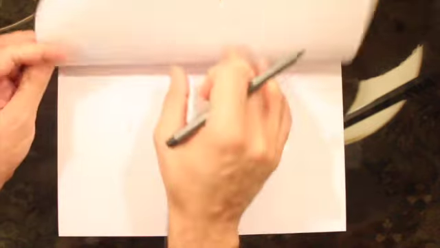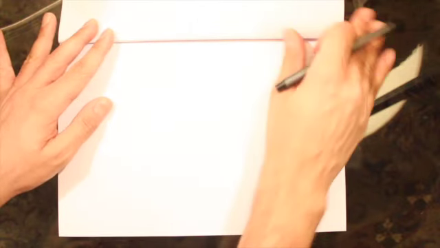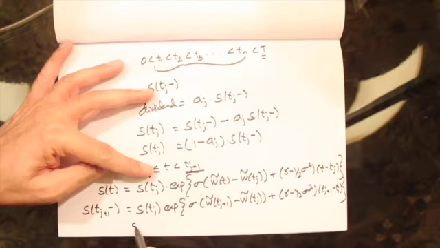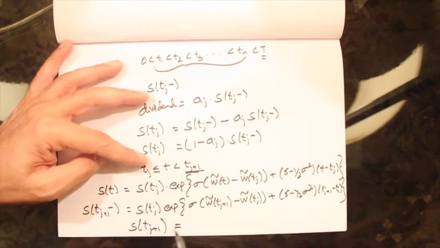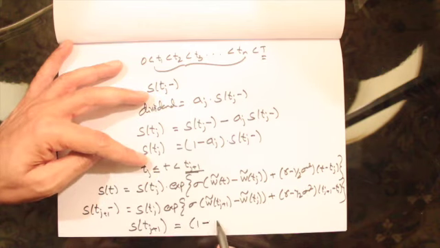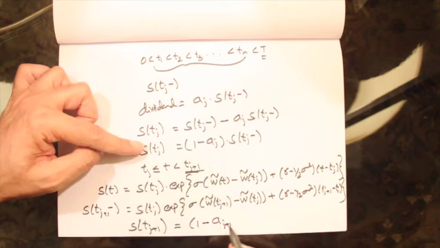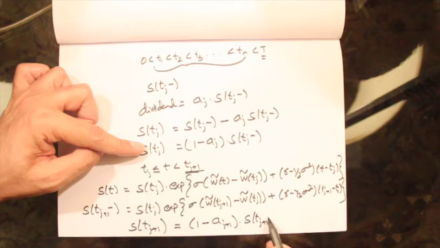Now, if this is S of Tj plus 1 minus, then we know that the value of the stock S of Tj plus 1 after the dividend gets paid out is going to be equal to 1 minus Aj plus 1, the fraction of dividend paid at Tj plus 1, multiplied by S of Tj plus 1 minus.